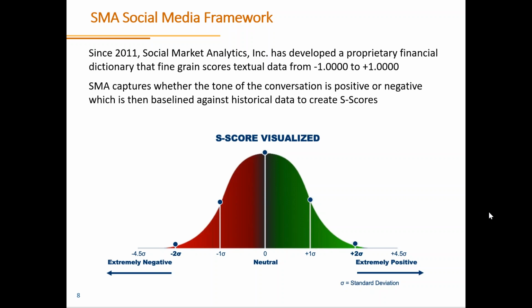So we've created a series of Z-scores. We're looking at the current conversation over the last 24 hours, exponentially weighted, compared to a 20-day baseline, and calculating those Z-scores. What we're showing on this chart is that standard normal curve, and our S-score is where that conversation stands relative to historical conversation.